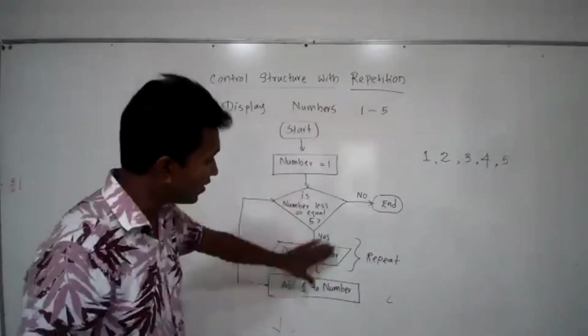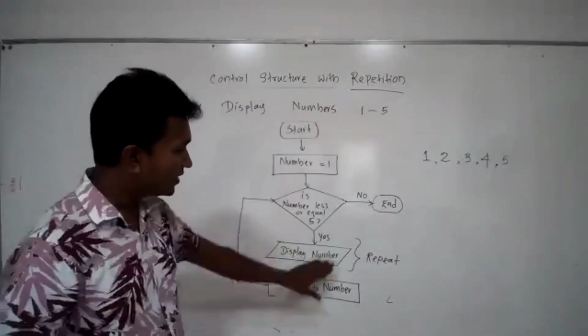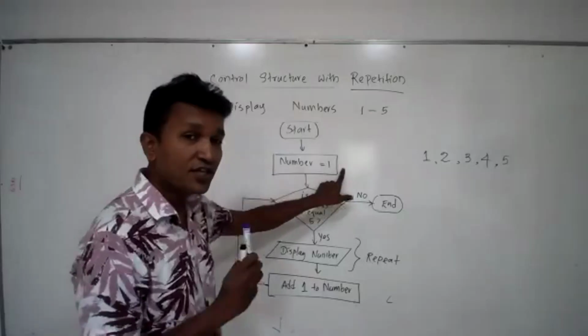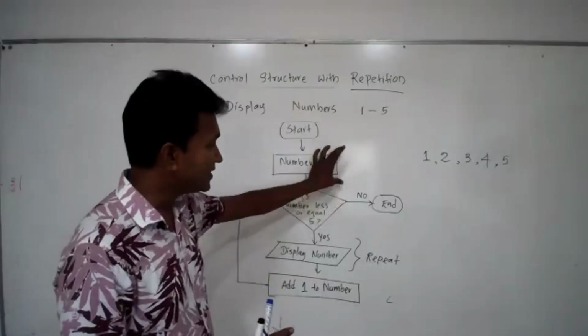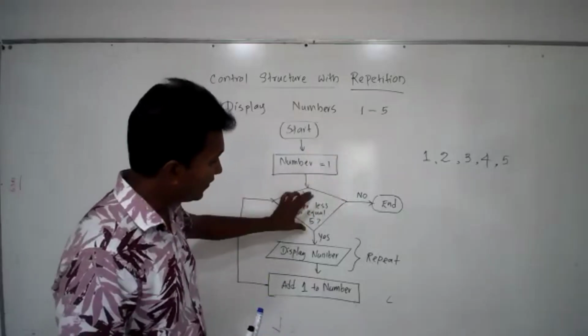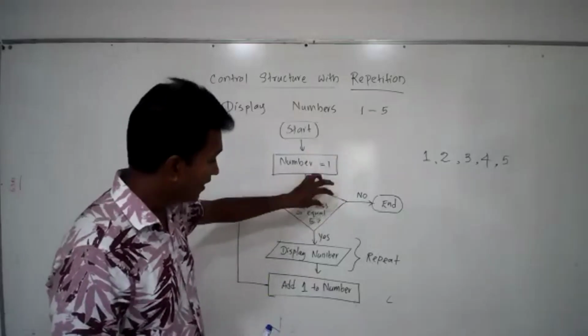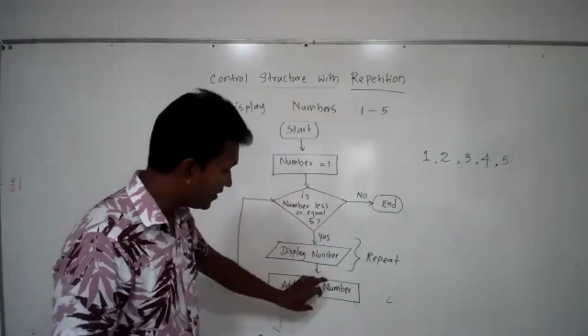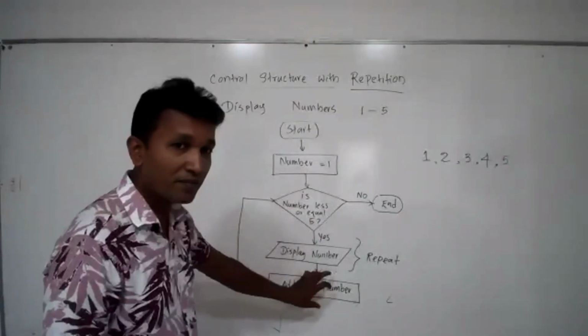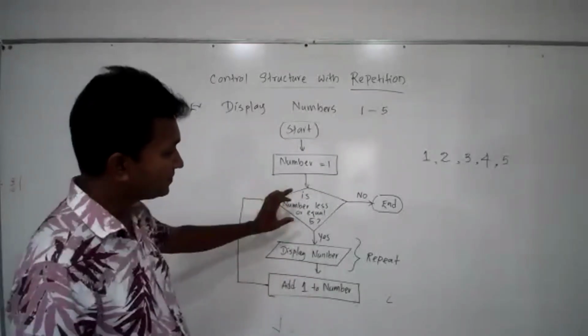This is how we draw the flow chart. Initially, we initialize number to 1. This is a process. Then we check the condition. If it is yes, we display number, add 1 to number, and again check the condition.